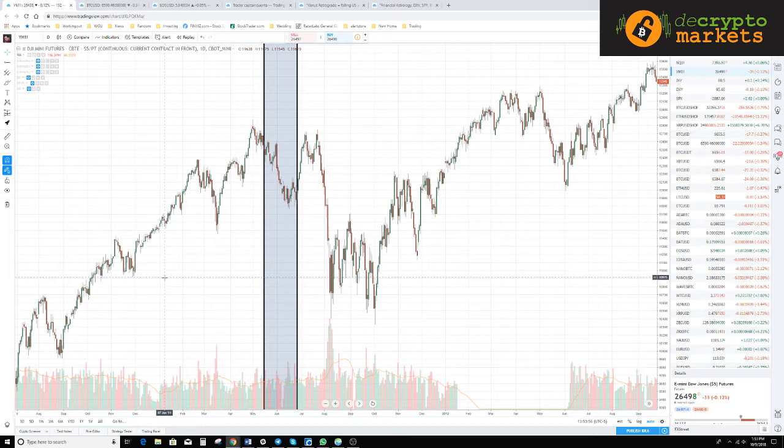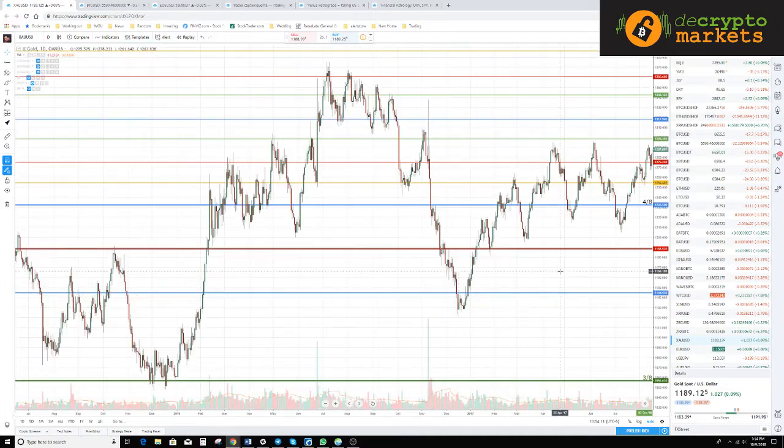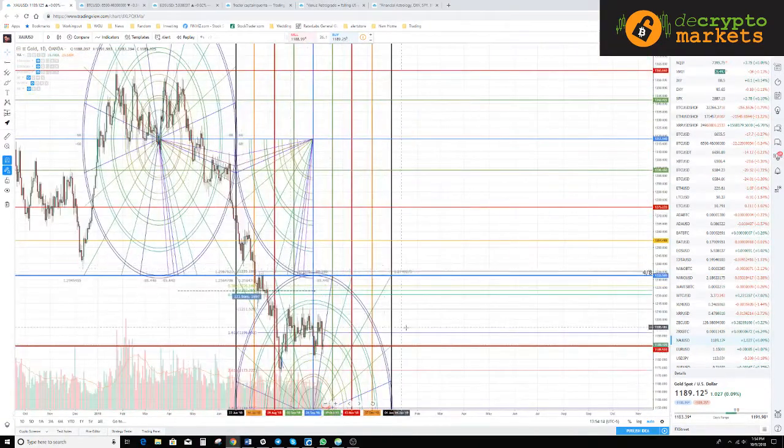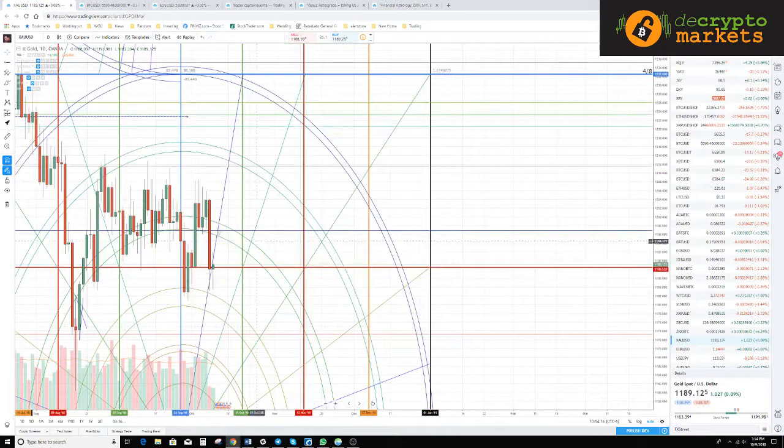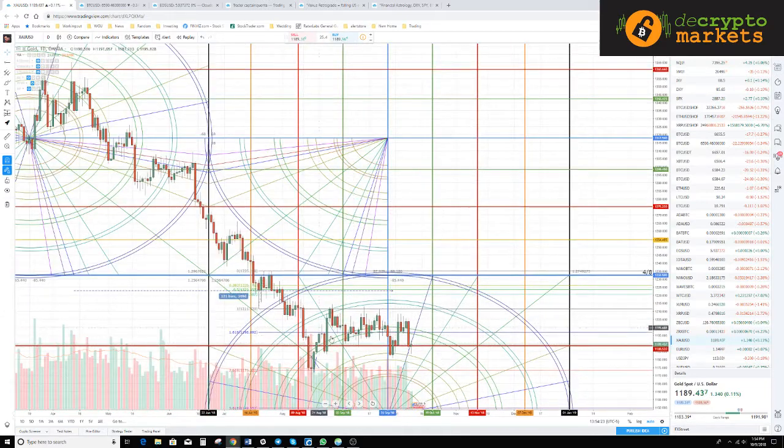When you see the Venus retrograde cycle, you do see gold drive higher. We did see a little bit of that last week, but otherwise gold has been farting around in this range ever since August.